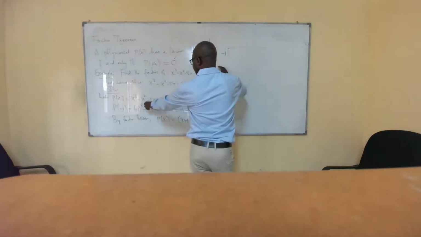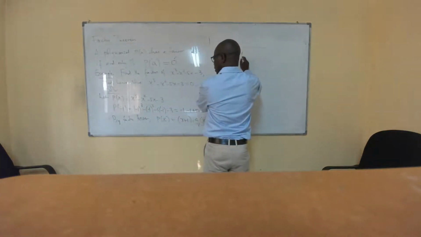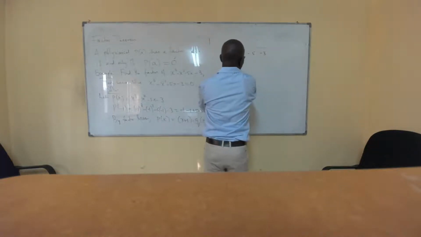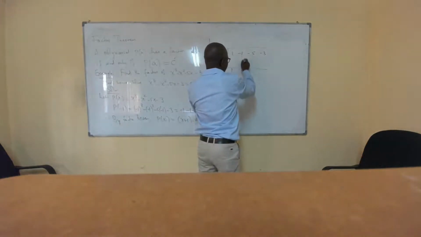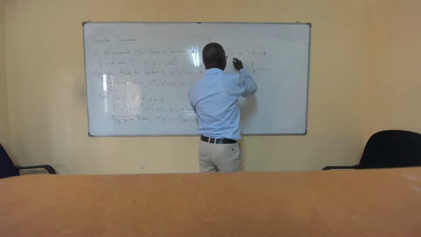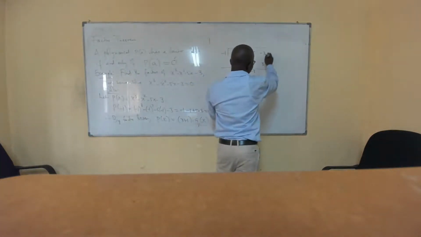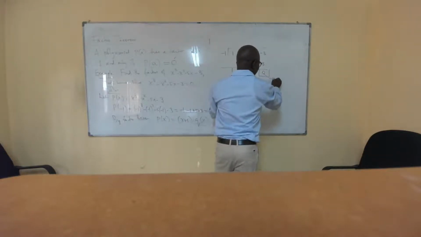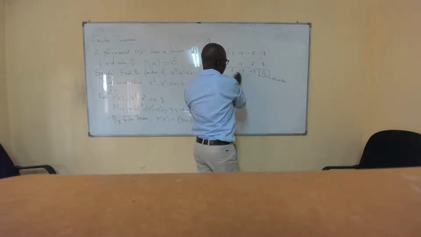I write the coefficients 1, minus 1, minus 5, minus 3. We bring down this 1 here. Then this times that is minus 1, add to minus 1, that is minus 2. Then minus 2 times minus 1 is 2, add to minus 5, that is minus 3. Then this times that is 3, and when we add, it will be 0. This is the remainder.